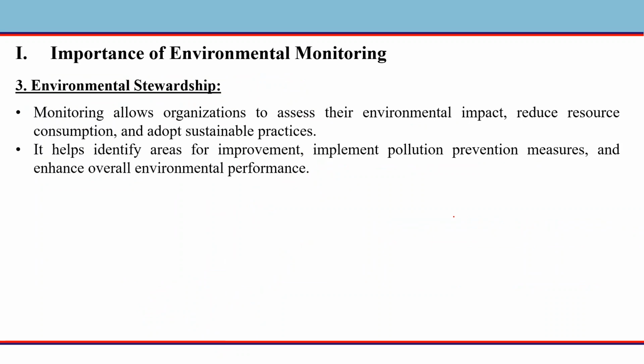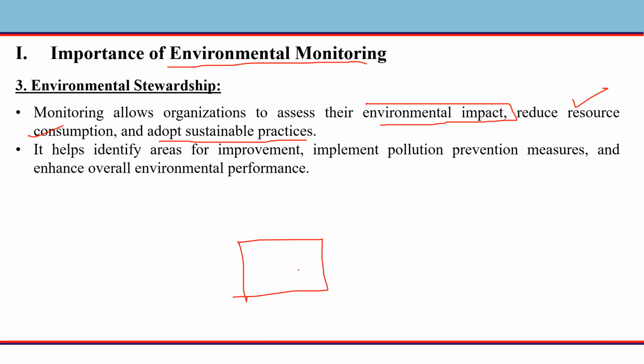Similarly, environmental stewardship. Monitoring allows organizations to assess their environmental impact, reduce resource consumption, and adopt sustainable practices. So, this means environmental monitoring helps an organization to assess what is the impact on the environment in the form of emissions, wastewater, etc., and how much resources they are consuming in terms of raw material, electricity, right?